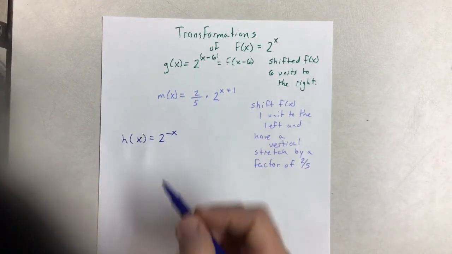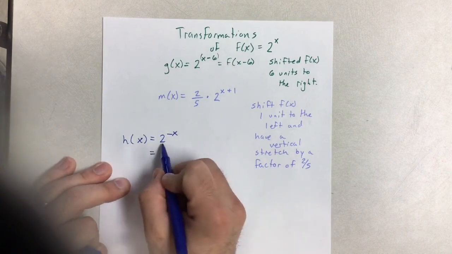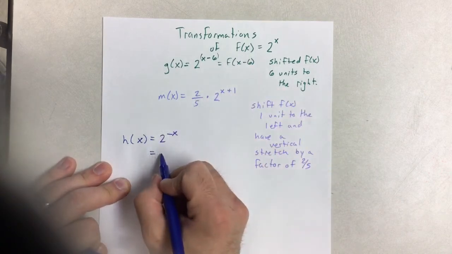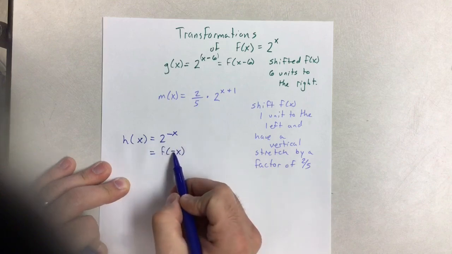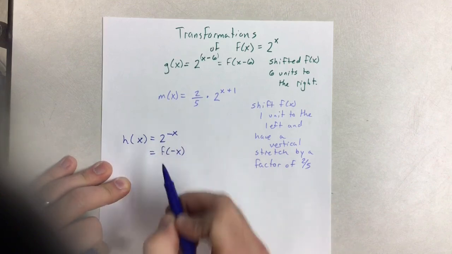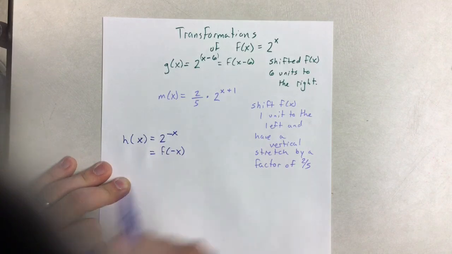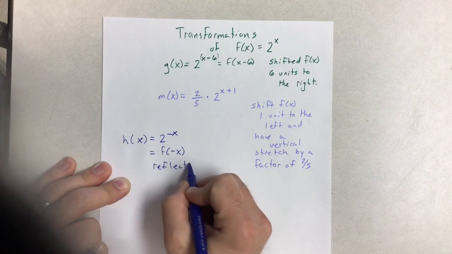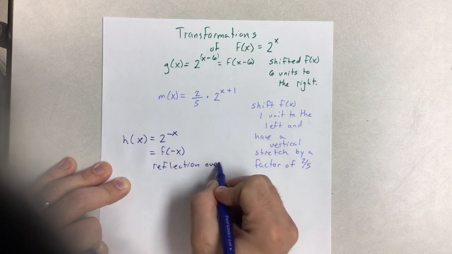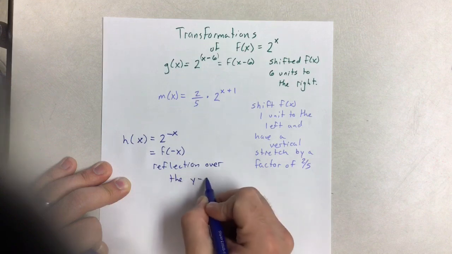It is a reflection, but I would rewrite this in terms of f of x. This would be f of negative x. So I'm placing the negative on the inside. We haven't seen this in a while: 2 to the power of negative x. This is actually a reflection over the y-axis.